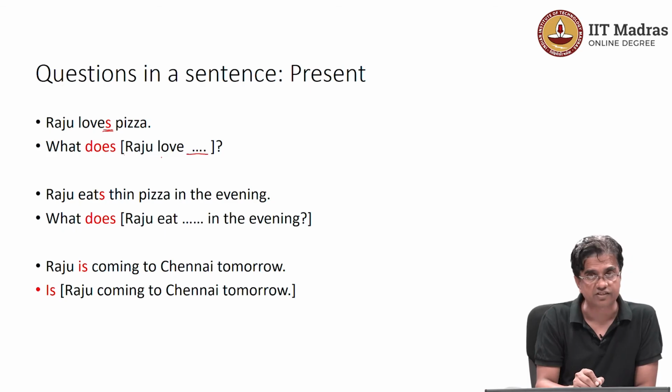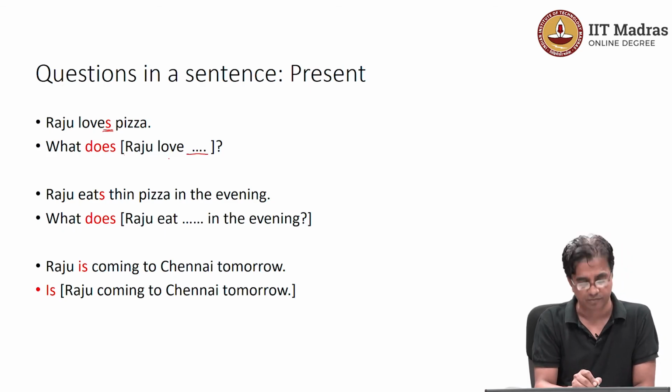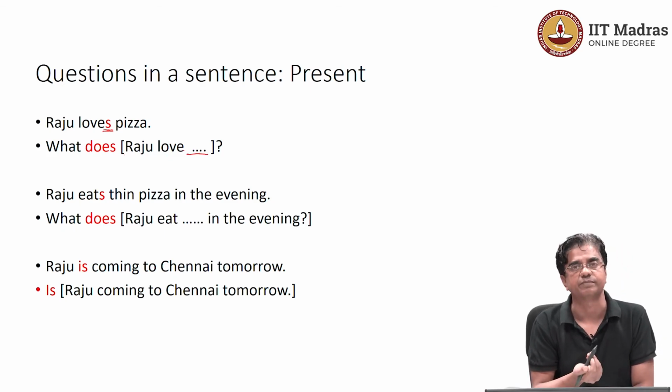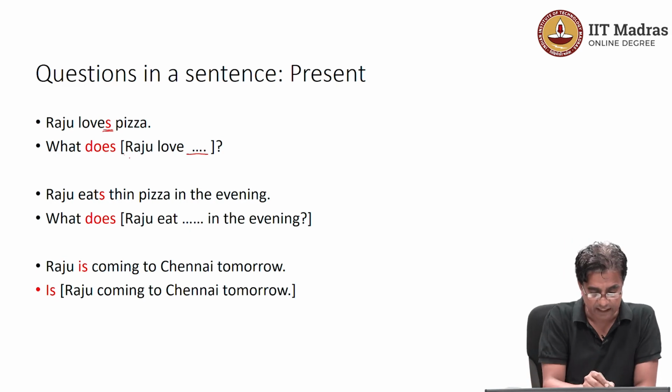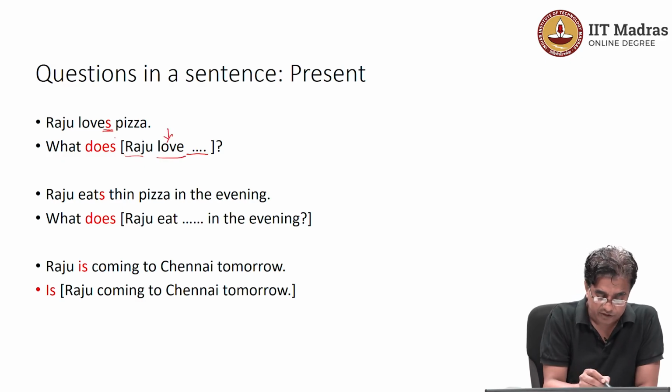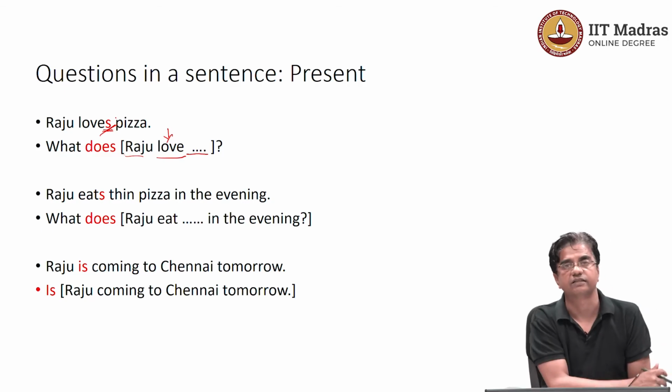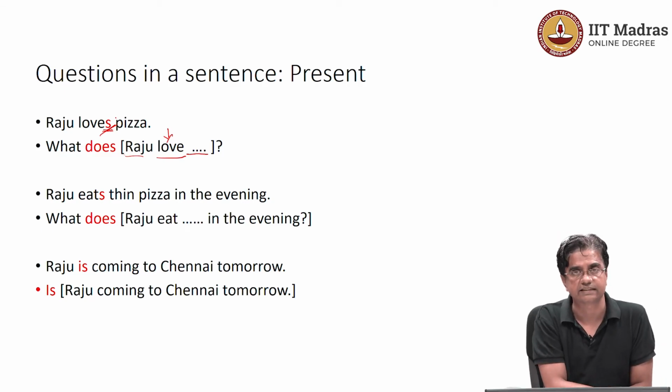So love is still the transitive verb. It requires an object, but it is empty in the sentence because this is being questioned. What does Raju love? And so this is the question we have. Please pay attention to this part. The tense and agreement markers are not here in this question sentence. So the question is, where is it?